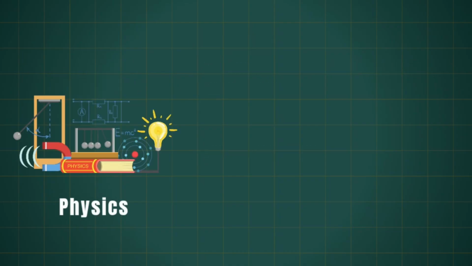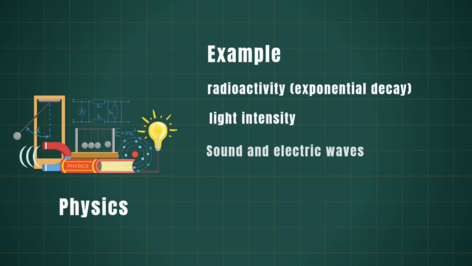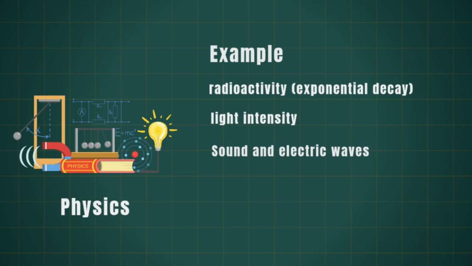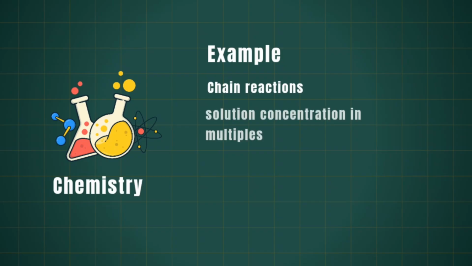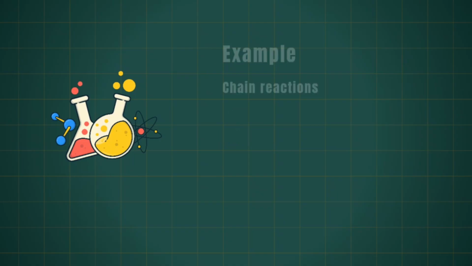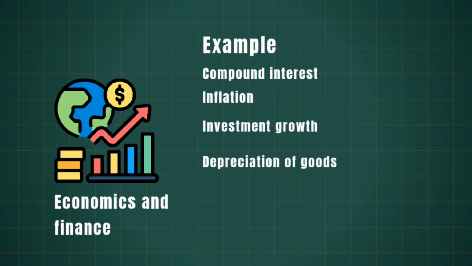In physics, examples include radioactivity, light intensity, sound and electric waves. In chemistry, examples include chain reactions and solution concentration in multiples. And in economics and finance, there are compound interest, inflation, investment growth, and depreciation of goods.